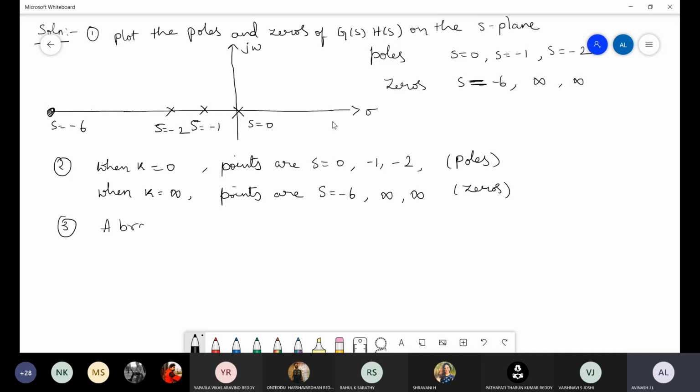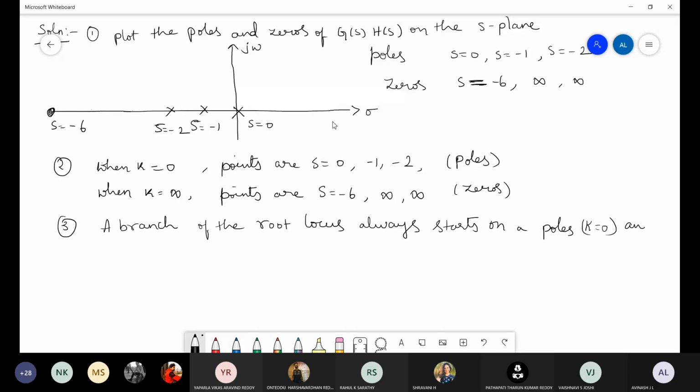So I can say that a branch of the root locus always starts on a pole, that is k equal to 0, and ends on a 0, that is k equal to infinity.